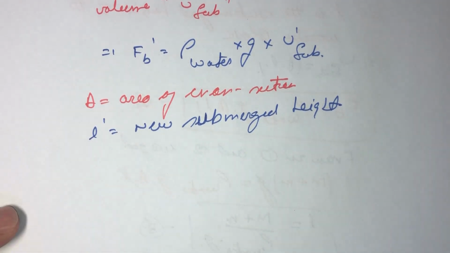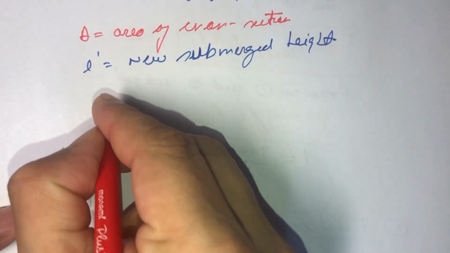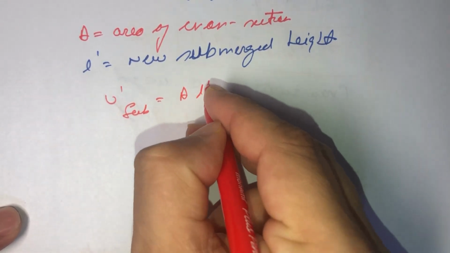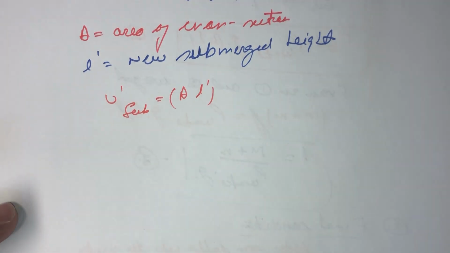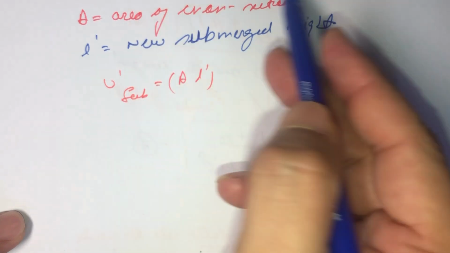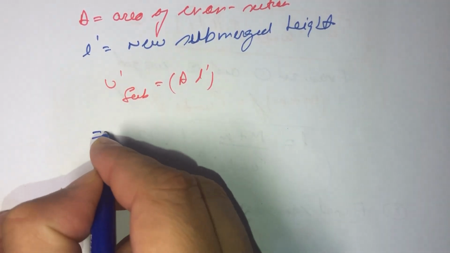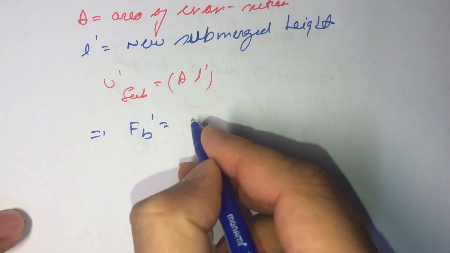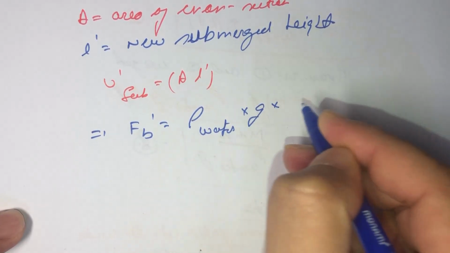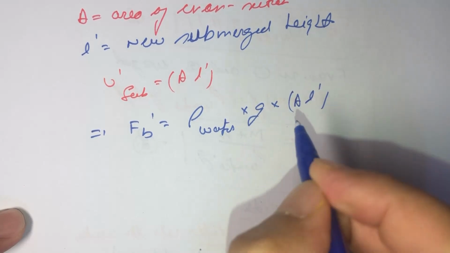Therefore V prime sub is equal to A multiplied by L prime, and Fp prime is equal to density of water multiplied by g multiplied by A L prime.